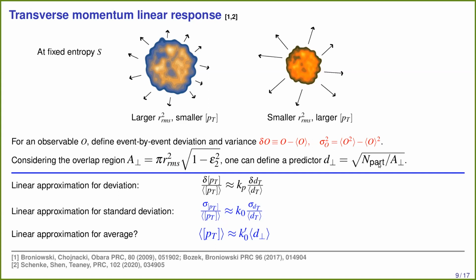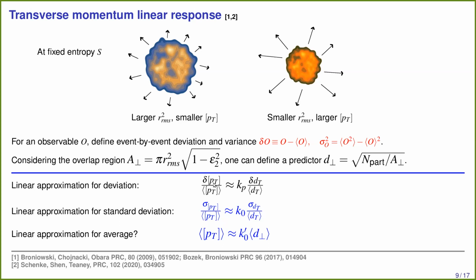So N_part is proportional to the entropy, A is the area, which is corrected with epsilon2 if you have some kind of elliptic shape. So this is probably a better estimator or predictor for the pT.